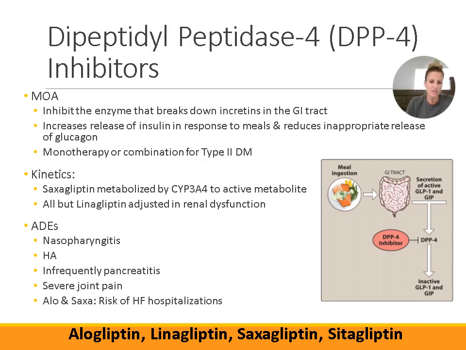Okay, so next we'll talk about the DPP-4 inhibitors, dipeptidyl peptidase 4 inhibitors. If you look down here at the bottom, this is showing you where DPP-4 comes in. We eat a meal, right?